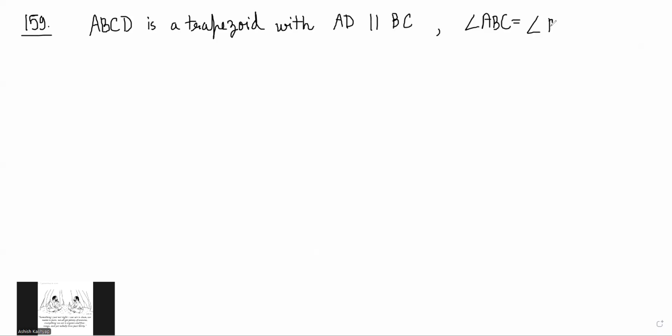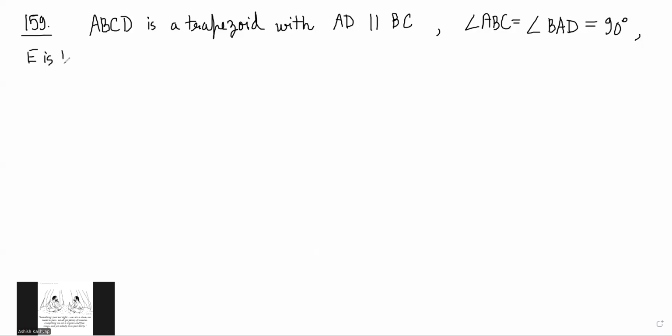ABCD is a trapezoid with AD parallel to BC. Angle ABC is equal to angle BAD is equal to 90 degrees.